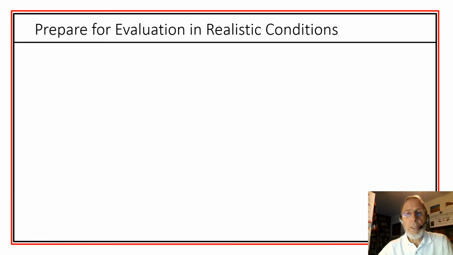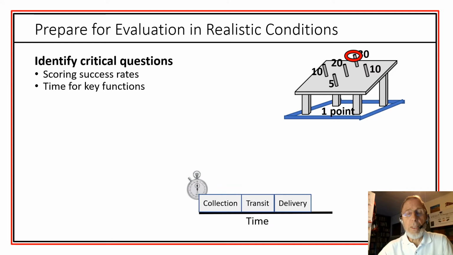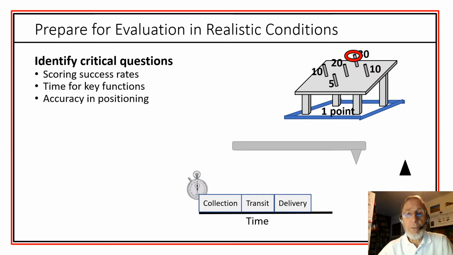Also, since the next step is to evaluate this, we need to make sure that we have prepared the final design so it can, in fact, be evaluated in realistic conditions. Of course, we're going to identify critical questions that need to be answered, perhaps scoring success, time for certain functions to be accomplished, accuracy in which we accomplish the tasks that are before us.